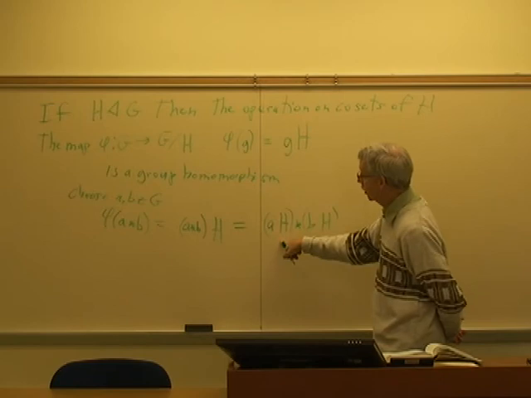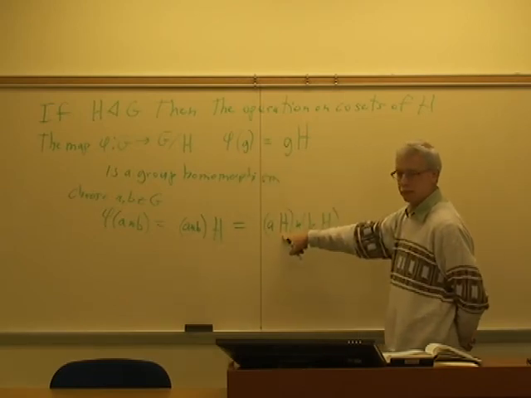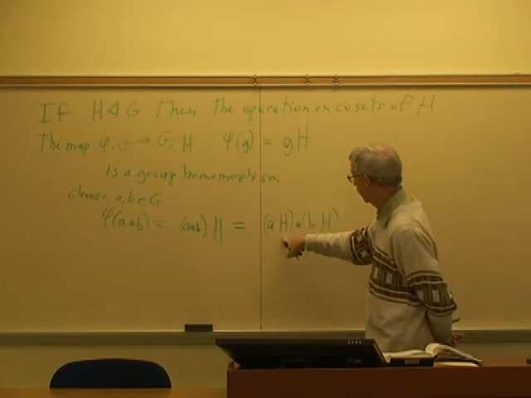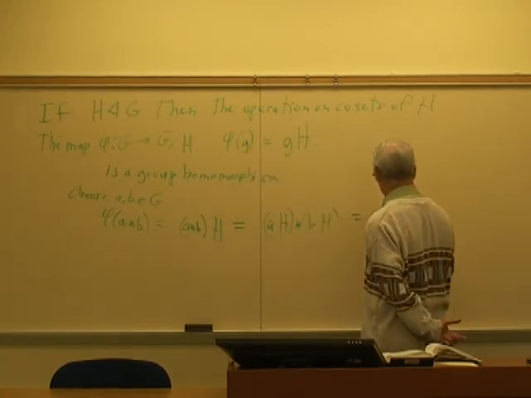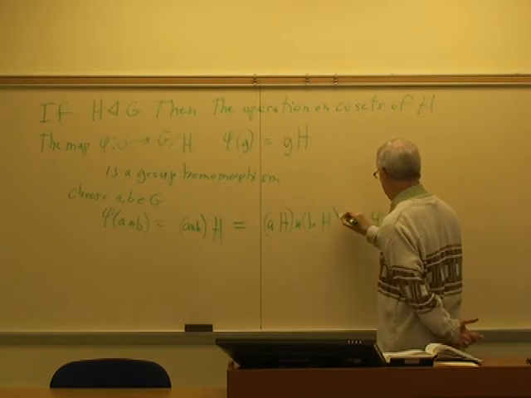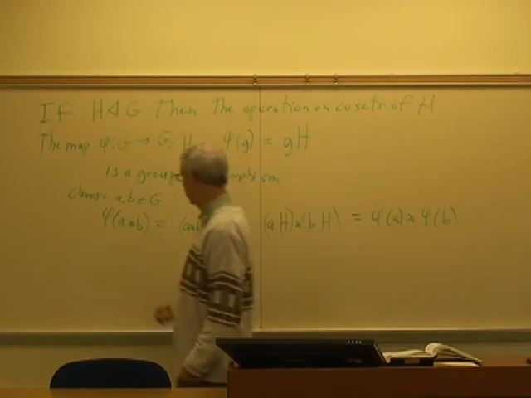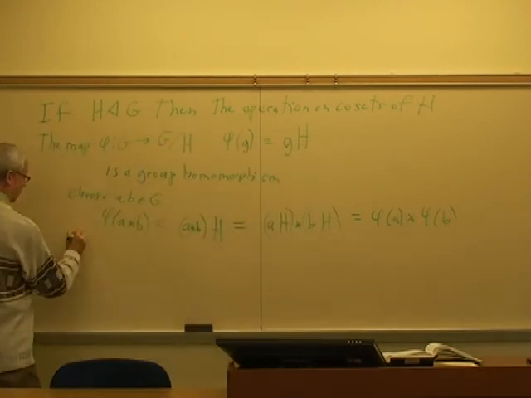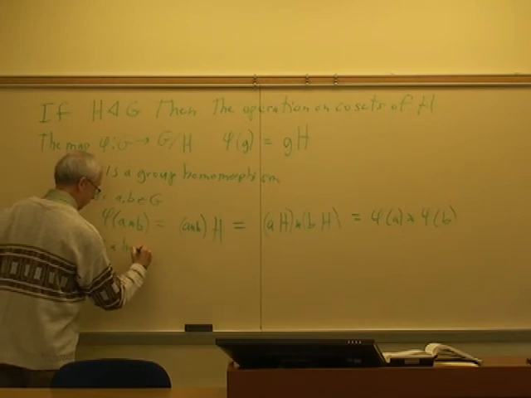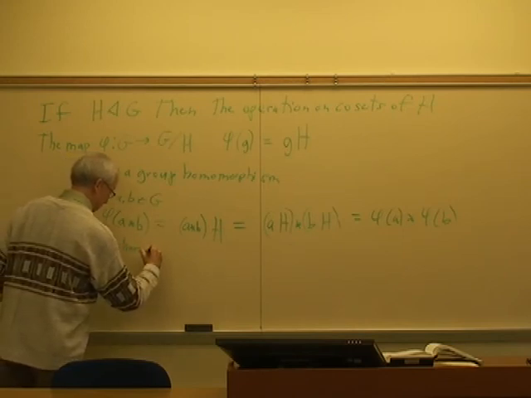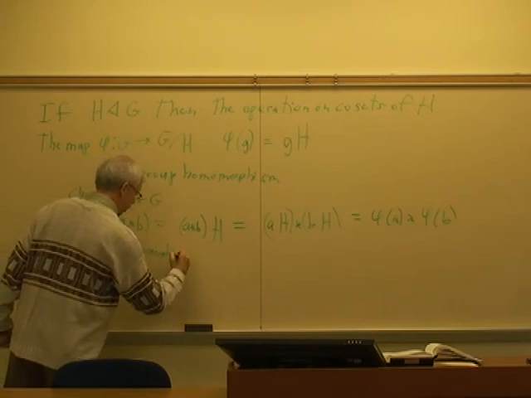And what is that with respect to my map? This is phi of a, right? And that's phi of b. Therefore, phi is a homomorphism, an operation preserving map.